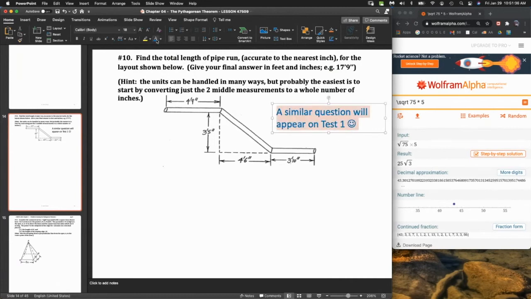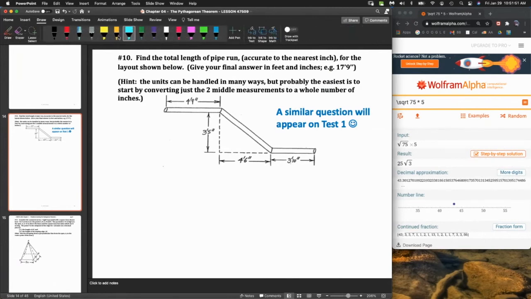I don't usually tell people what's on the test. Like I'll tell you how many questions, that kind of stuff. But in this case, I do promise you a question like this on the test. So pay extra attention.